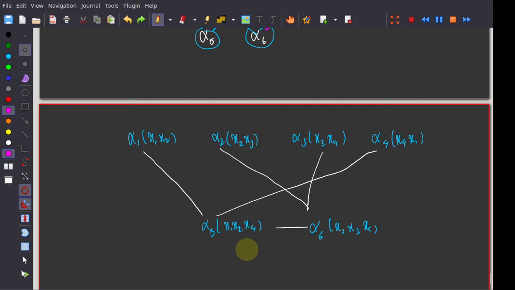Okay. x3, alpha 2, alpha 3, these two, this, connected. x4: alpha 4, alpha 3, alpha 5 and alpha 6. Connected. Okay, so this is a valid junction tree for this particular example.